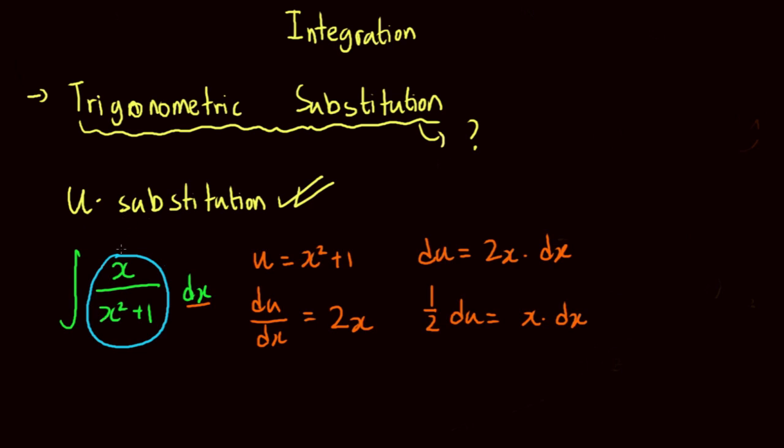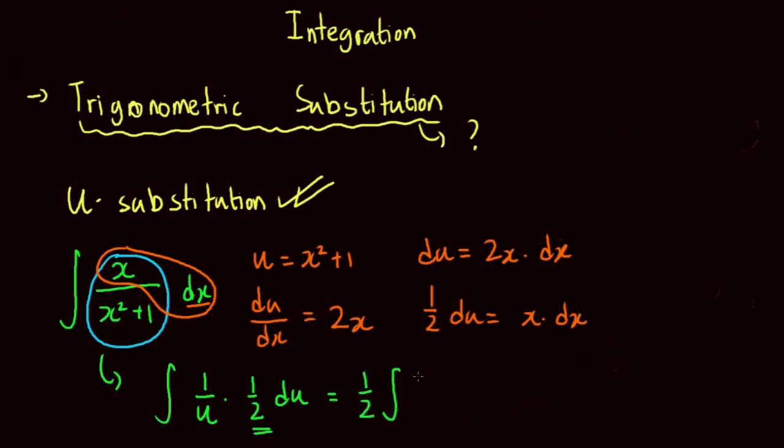And here's the thing, if you notice, this x and dx are already inside the integral, so once we do the integral, we'll end up having 1 over u times half du. This half is a constant, you can bring it outside.